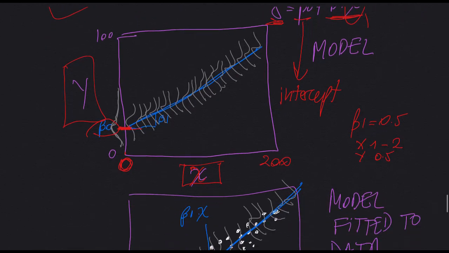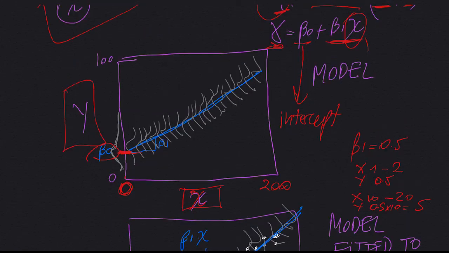If x goes from 10 to 20, then y will increase 0.5 times 10, or 5 points.